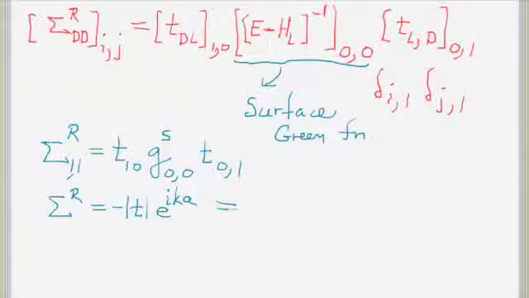And therefore, our surface Green function in this simple 1D chain model has got to be equal to e to the i ka over T. And it looks like we're going to derive that.